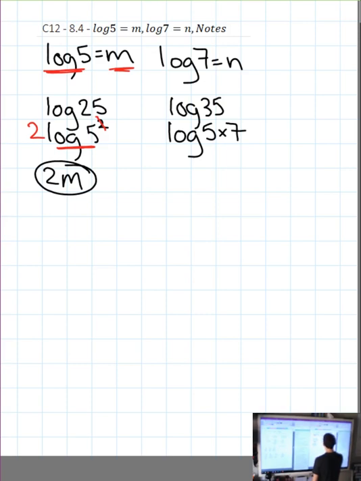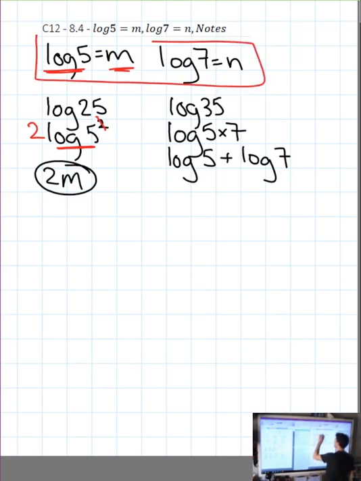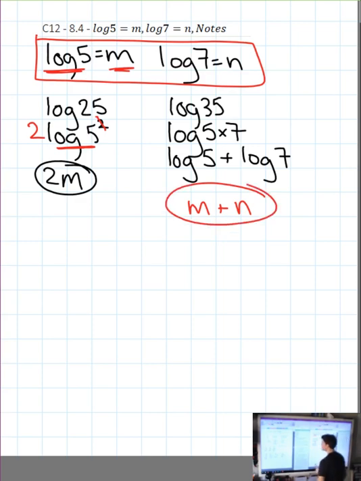Then we have a multiplication, so we can separate it into an addition of logs. Now I know from my given information at the top, log 5 is m, and log 7 is n. So the answer is simply m plus n.